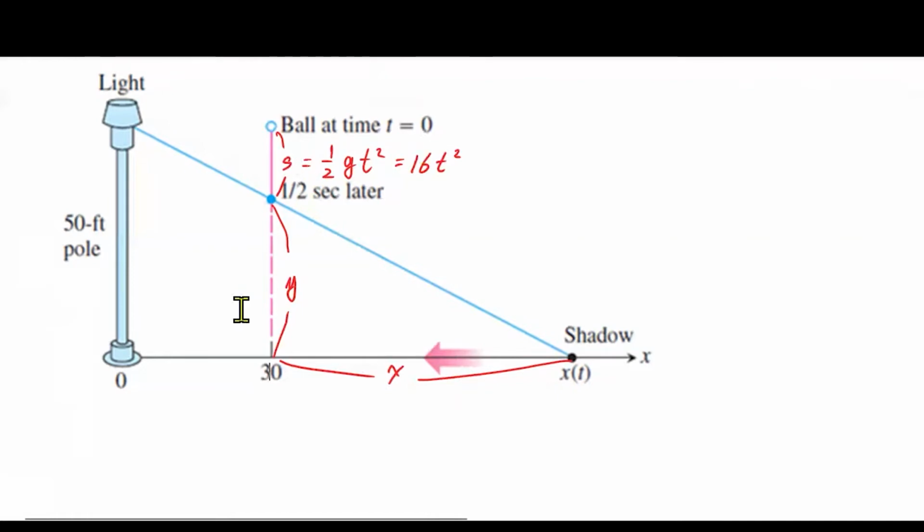Then we have another triangle that we can draw here, and this distance is 30 feet, given by the problem. So we have once again similar triangles.